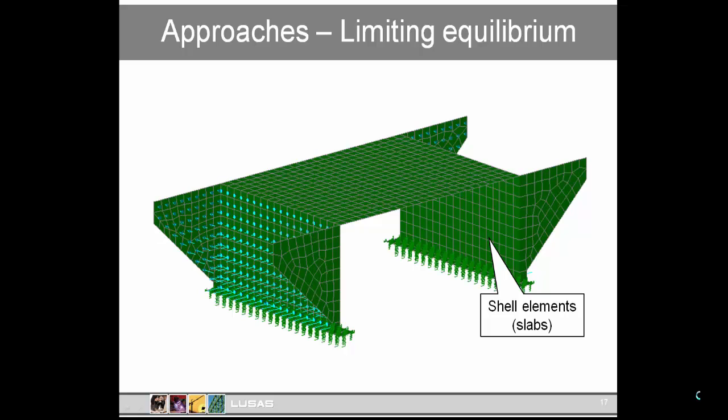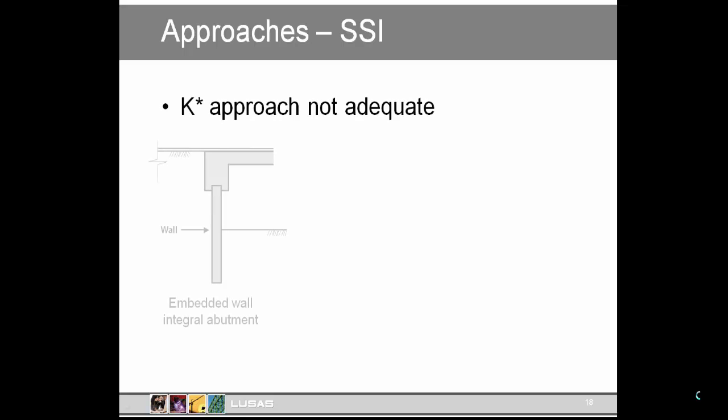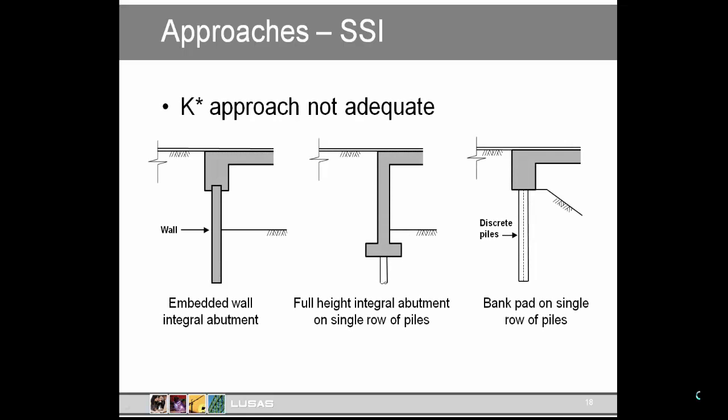So when we have structures where the soil stiffness plays a more significant role in the behaviour of the system, the K-star approach is not adequate. For example, these common integral bridge types, including embedded walls, and those including bank pads on a single row of piles.